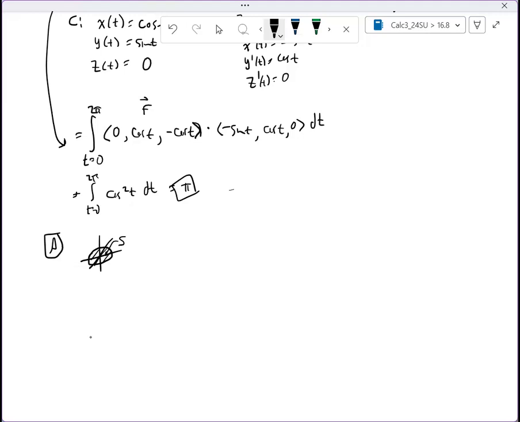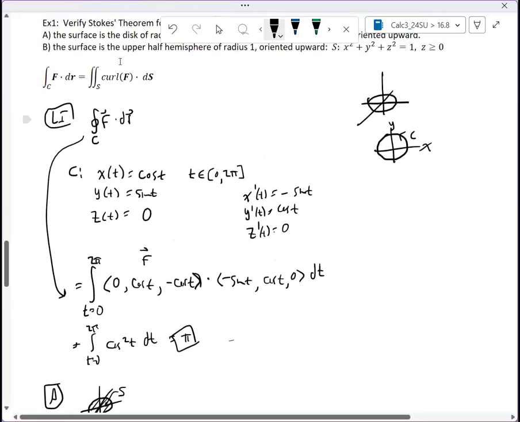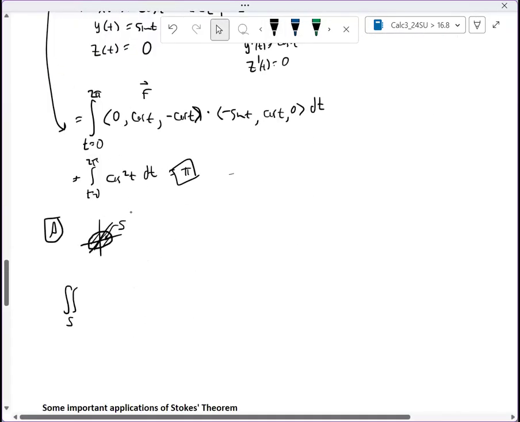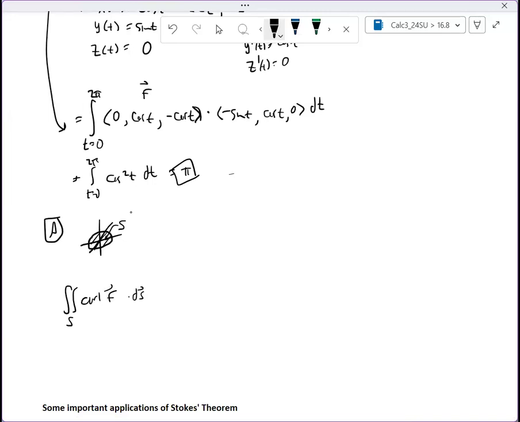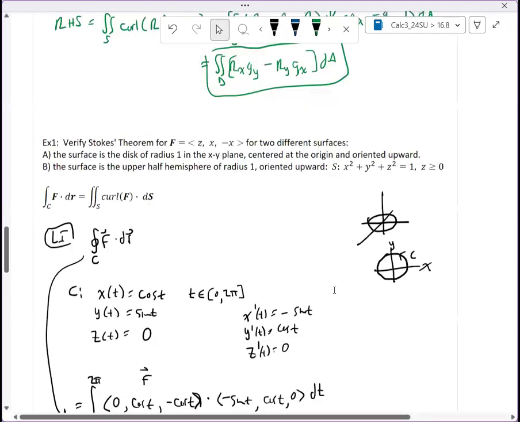So here is my surface. And I want to compute the surface integral of what? Of the curl of f dot ds.